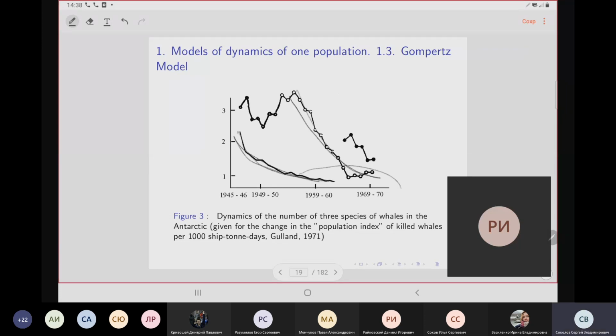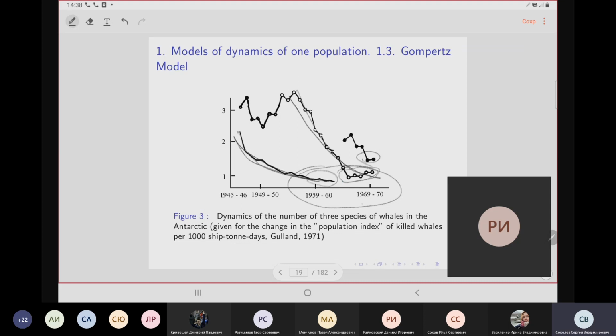Starting from the 60s and 70s, the hunt of whales was restricted, and we can see that the population more or less stabilized.